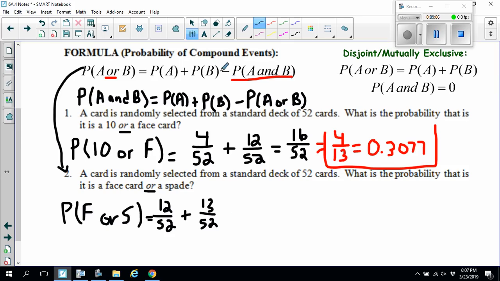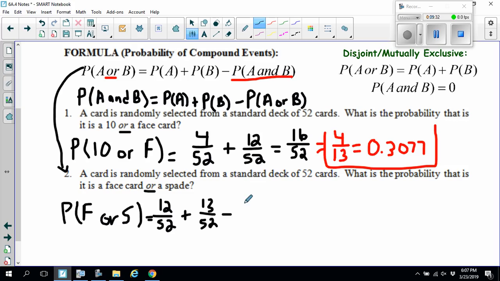But now, because this is a compound event, we need to subtract the probability of A and B. In this case, the probability that we have a face card and a spade. So how many face cards are spades? We have the king of spades, the queen of spades, and the jack of spades.